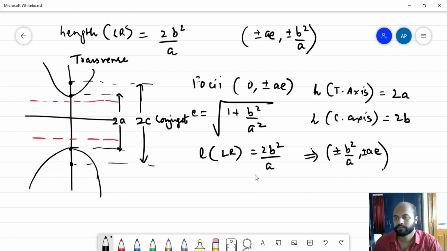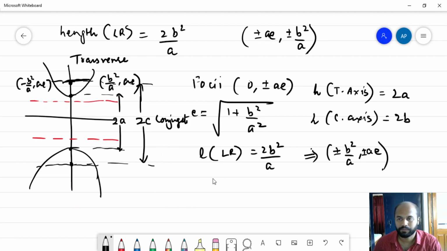So this point, if we take, is going to be minus b square by a, comma ae. And this point would be b square by a, comma ae. Similarly, these versions can be written by you. A very important thing is the equation of this conjugate hyperbola, which is given as y square by a square minus x square by b square is equal to 1.